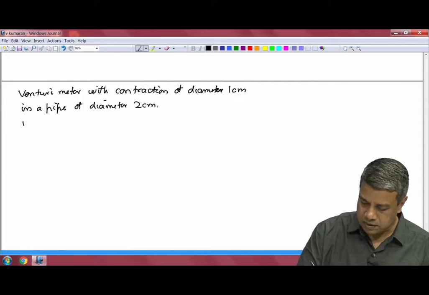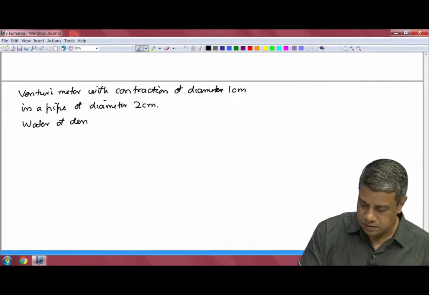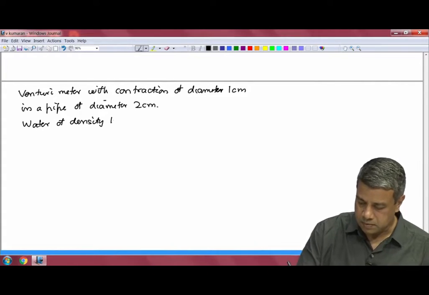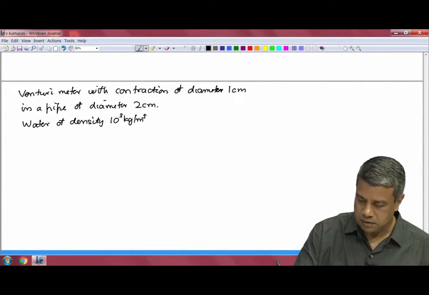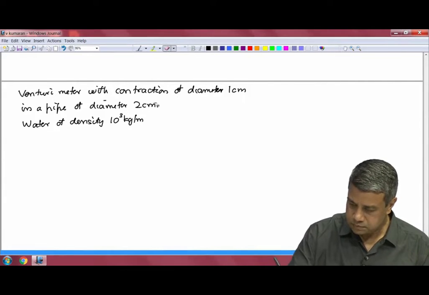So, water of density 10 power 3 kg per meter cubed flows in the pipe.